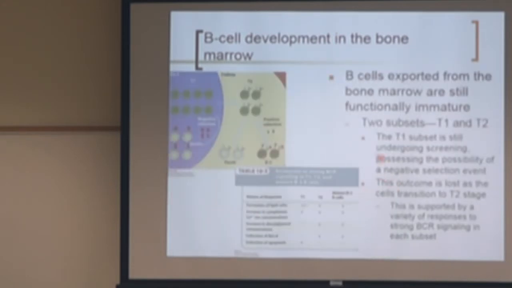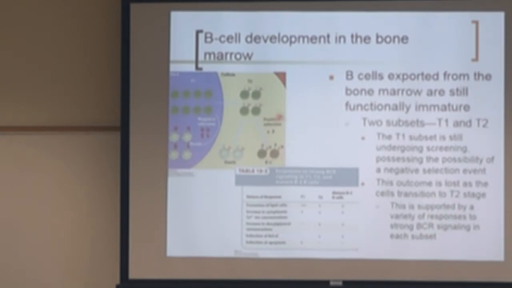The T1 subset is still undergoing screening for possible negative selection, and then when they transition to the T2 stage, they now start to receive positive selection.